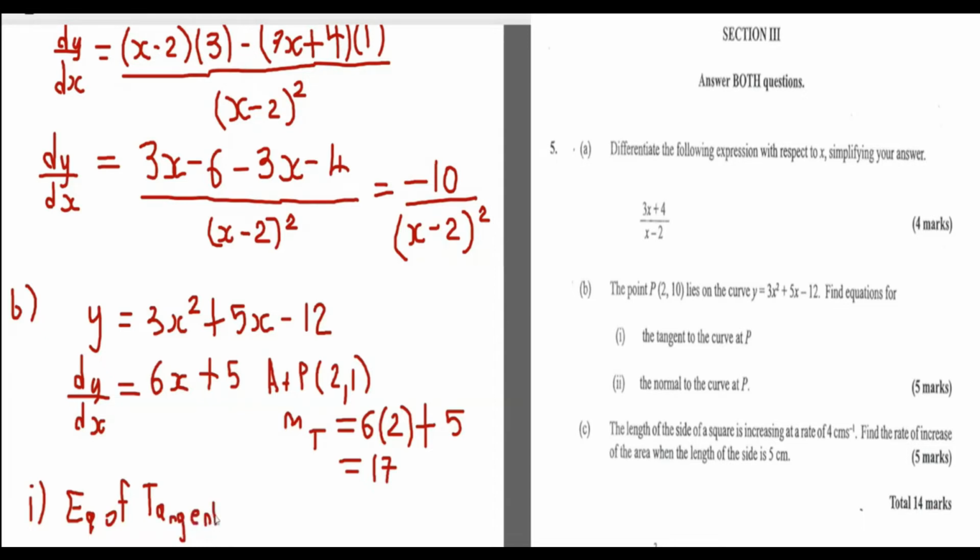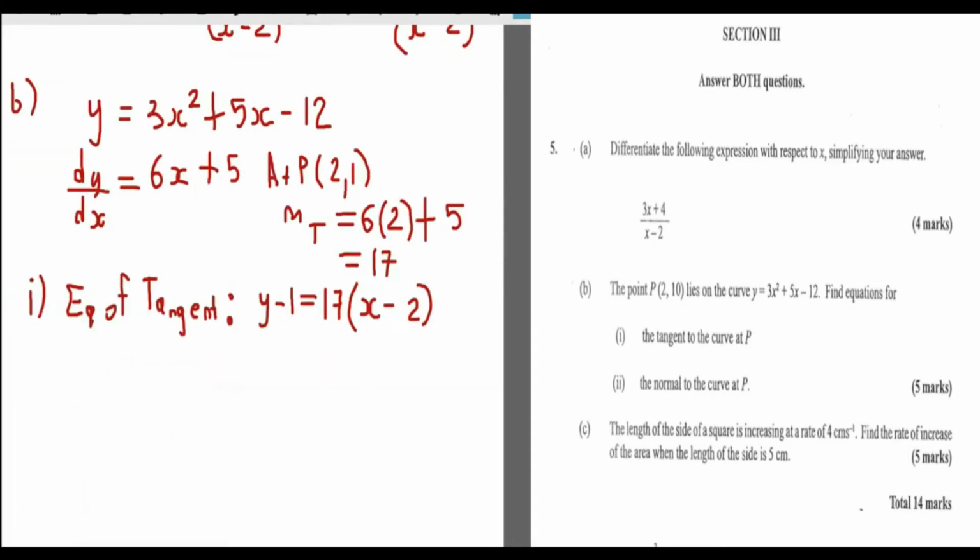So the equation of the tangent is given by y minus yp, which is y minus the y value at P, which is 1, and that's equal to the gradient of the tangent, which is 17, times x minus xp, which is x minus 2. So this is the equation of the tangent. That's how we find the equation of the tangent. Now next we want to find the equation of the normal.